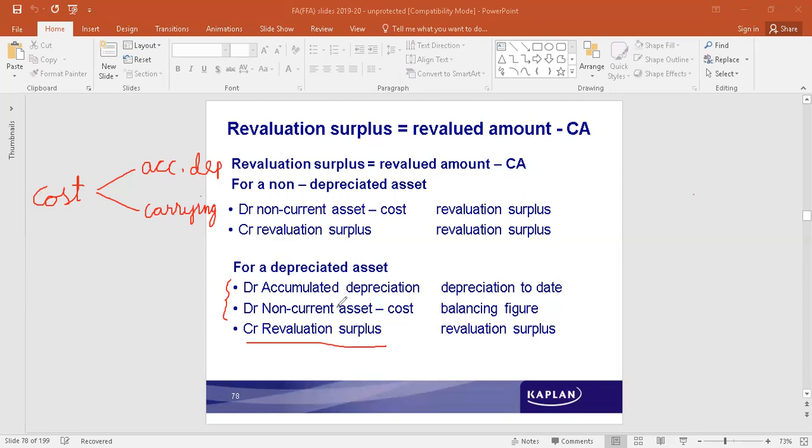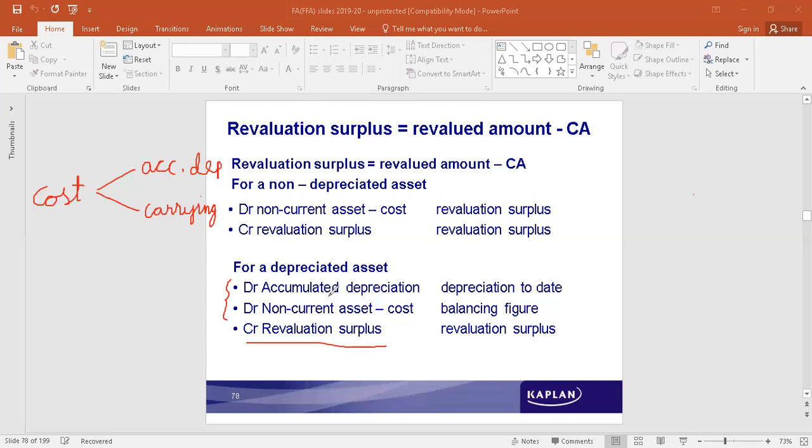The non-current asset would be at the original cost, but that has to be increased by the revaluation surplus amount. That amount will be added to the original cost of the non-current asset. Where there is no depreciation, whatever the cost value is, the surplus amount is added to that and it is increased by that amount.